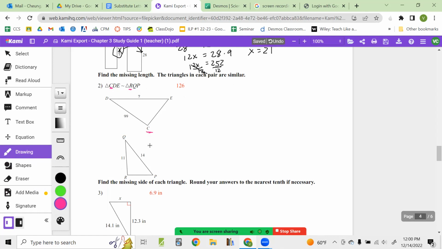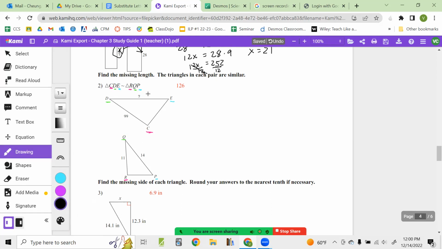So the C and the R, and then we'll use green for the D. The D and the Q have to correspond, D and Q. And then the E and the P.